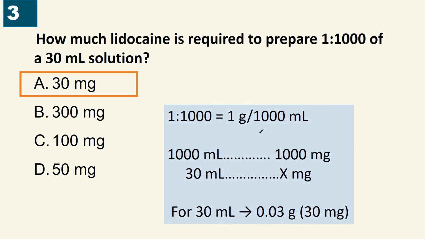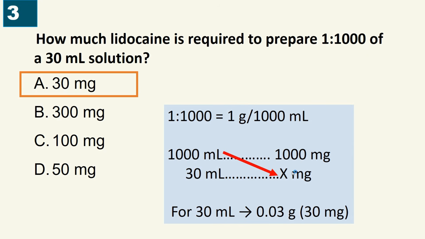That means 1 gram, which is 1000 milligram, is present in 1000 milliliter. But the question is asking just for 30 mils. So for 30 mils, how much?